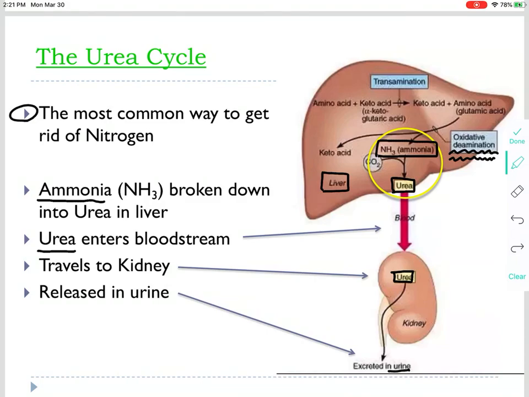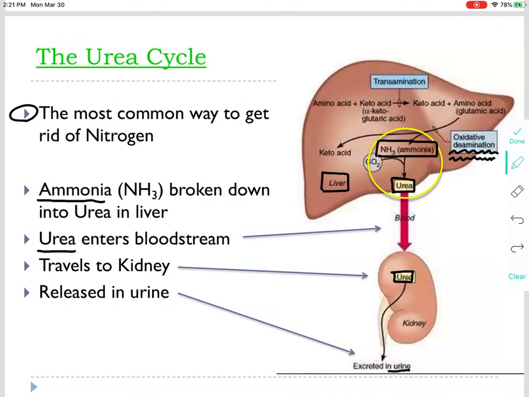We can deaminate a bunch of proteins from all over the body. But because it contains that nitrogen, we pull the nitrogen off the amino acid and it forms ammonia. We convert ammonia into urea in the liver. So now we no longer have nitrogen, but that breakdown product, urea, we send to the kidney and then we pee it out. And this is what's known as the urea cycle.